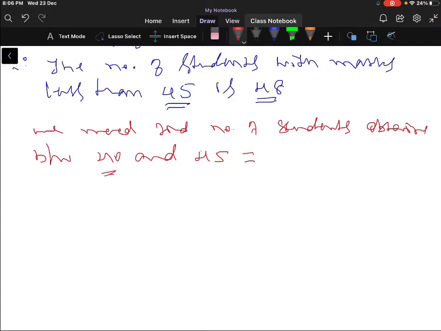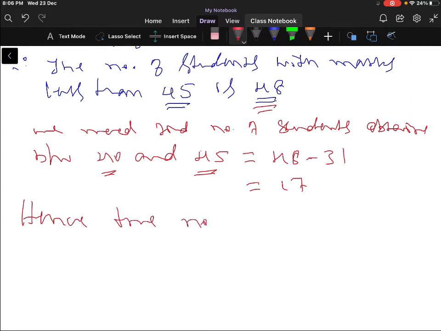So that is equal to, there are 31 students with less than 40 marks, and the number of students who obtained less than 45 marks, there are 48 students. So now we have to subtract the number of students less than 45 marks, that is 48 students, minus the number of students who obtained less than 40 marks, there are 31 students. So this is equal to 17.